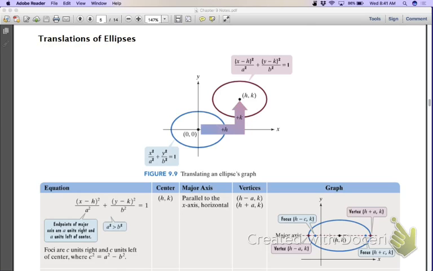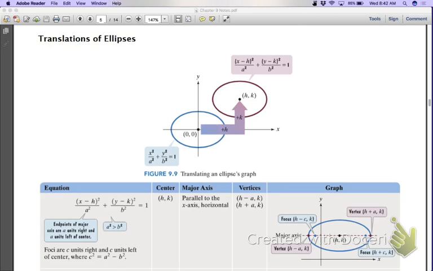You still move the same way as far as your center. Now it's just that your center is going to have a different horizontal or vertical axis. If it's a minus inside, then it's going to be a positive movement. It's always opposite of whatever you have.